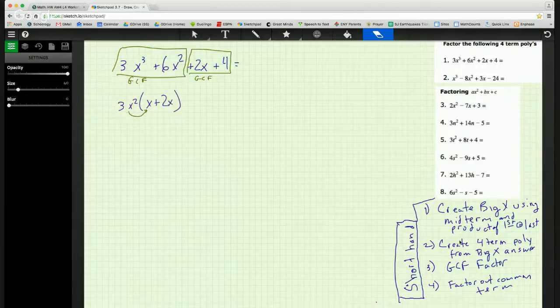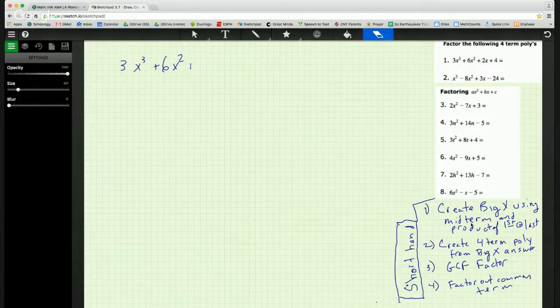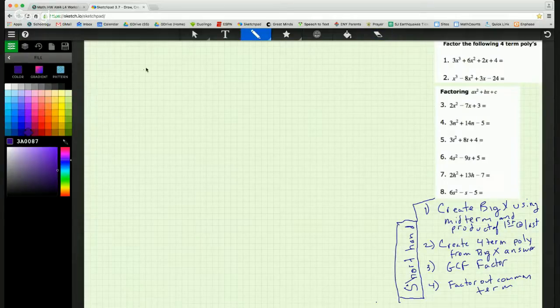I wrote them out a lot more longhand on the last video, so I explained each step in a little bit more detail, and you should have notes that are a little bit more detailed. But this is just a shorthand to remind us the steps that we're going to take on each of these problems. So let's start with the first one, and let's execute each step.